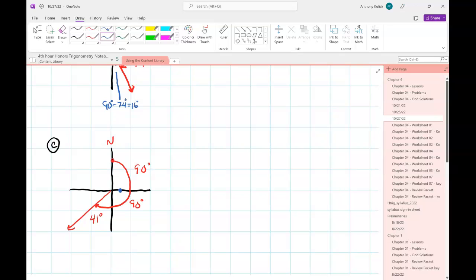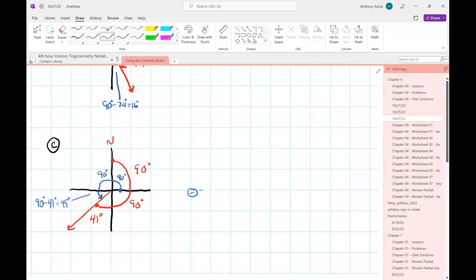And then for our standard position angle, we start on the positive x-axis. I do 90, 90, and then how much more? 90 minus 41 is 49.